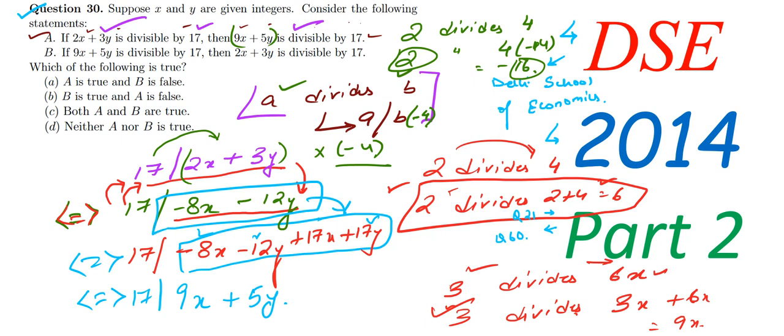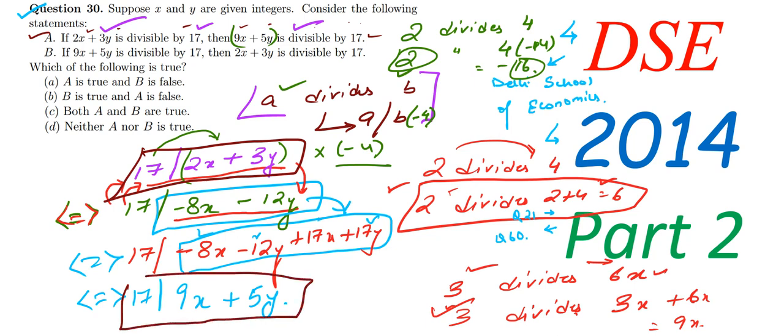So we have both the implications, and finally you can see that since 17 divides 2x plus 3y, 17 also divides 9x plus 5y. That is our statement 1. As you can see here, we have 17 divides 2x plus 3y, then 9x plus 5y is also divisible by 17. Hence our statement 1 is correct.